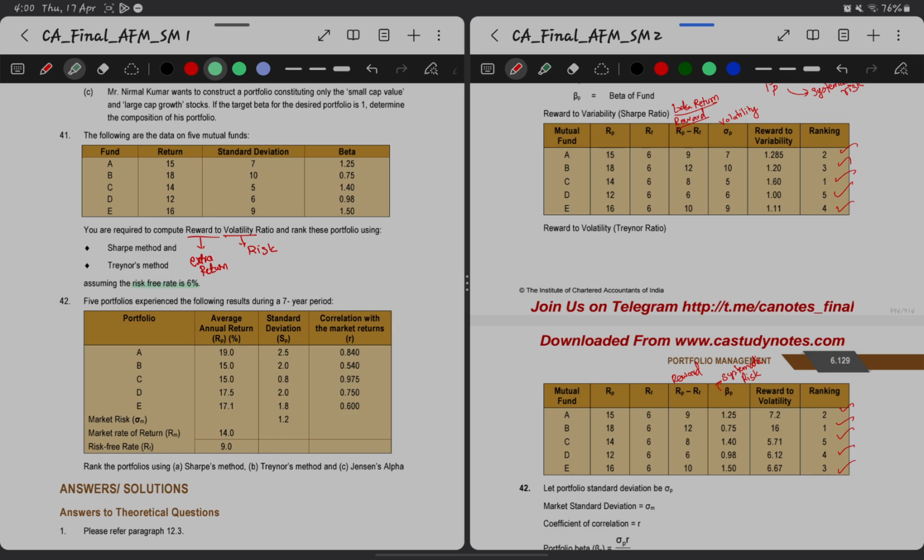The extra return we are earning per unit of systematic risk is so less. The other portion, the unsystematic portion, can be diversified, but even if we diversify, the systematic risk portion is high in case of mutual fund C. Hence it is almost consuming all the extra return which we are earning. Hence this is Sharpe ratio and Treynor's ratio. Thank you.